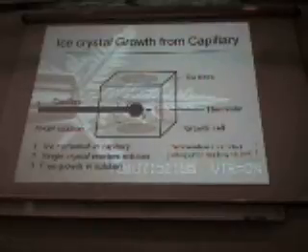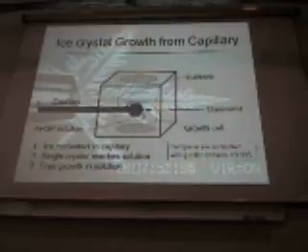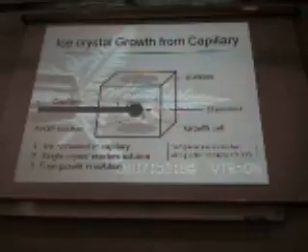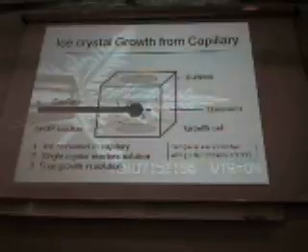This is the same thing which was used by Brixman many years ago for functional nitrogen. Practically speaking, you need a geometric selection to occur so you get one crystal. So there's the ratio of the diameter of the capillary and its length for a given supercooling. Empirically, one would expect that if the capillary was very short, then you might get multiple crystals.